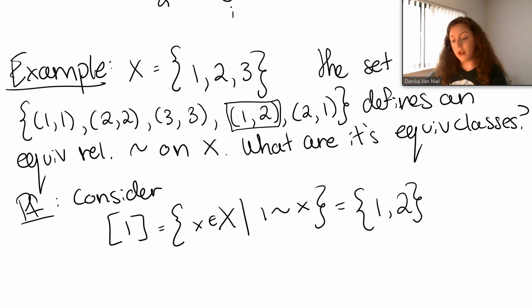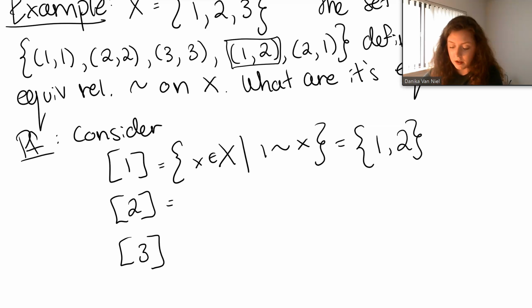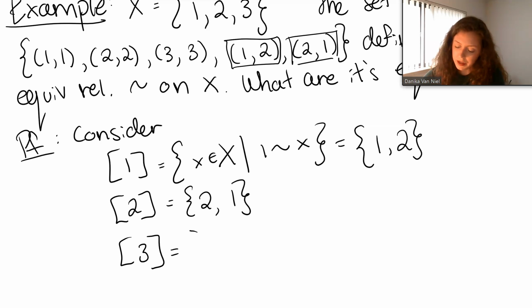Since it's so small, we could consider all the classes and then determine if any of them are equal to each other. So let's look at 2 and 3. 2 twiddles itself and 2 twiddles 1. How about 3? 3 only twiddles itself, and that's totally fine.